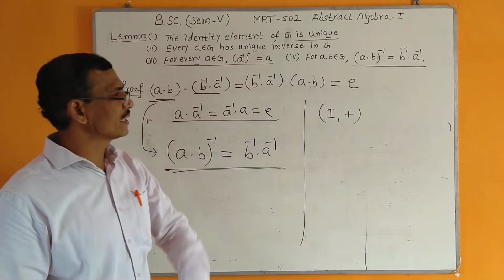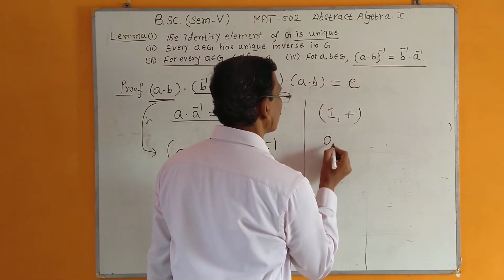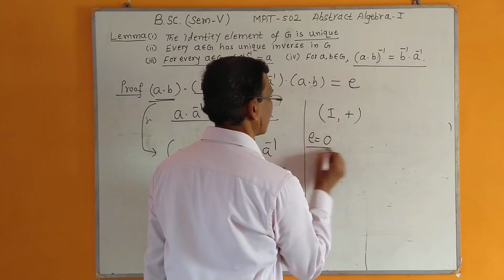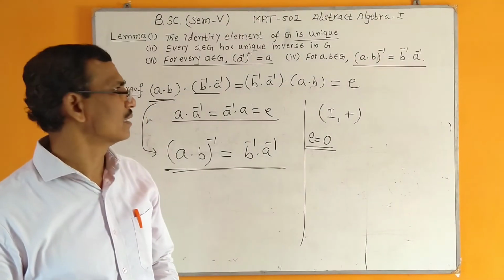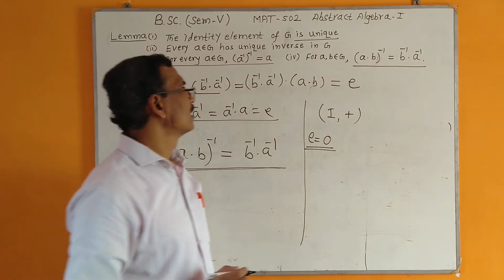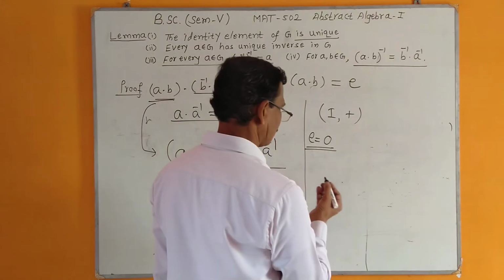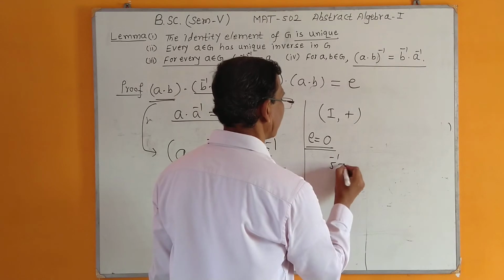Okay. For example, if we consider I plus is a group of integers, then the first property, the identity element of Z is unique. Now with respect to addition, 0 is the identity element, and this is unique. There is no other element in I satisfying the same property, means it is unique. Every element has a unique inverse. Inverse of 5 is minus 5.